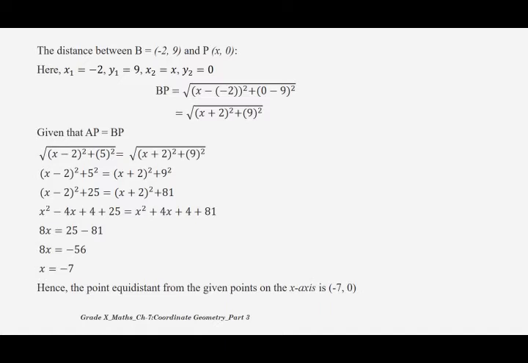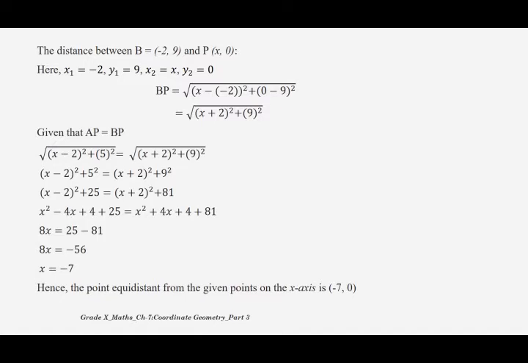Let us square on both the sides. So, we get (x minus 2) the whole square plus 5 square is equal to (x plus 2) the whole square plus 9 square. In the next step, taking the square, 5 square is 25, 9 square is 81. The next step, we'll open (x minus 2) the whole square and (x plus 2) the whole square.